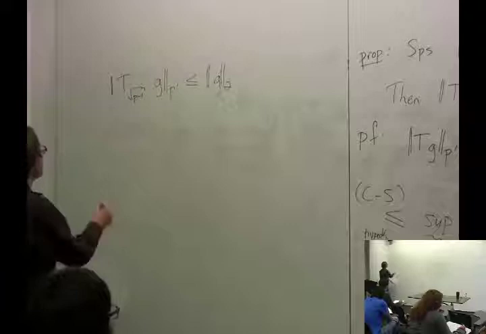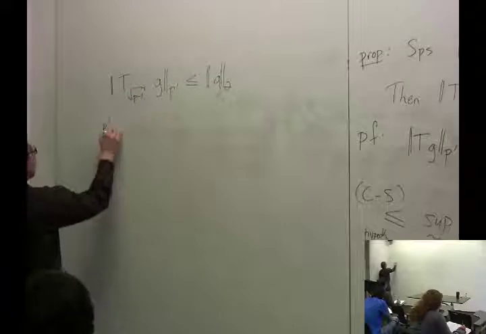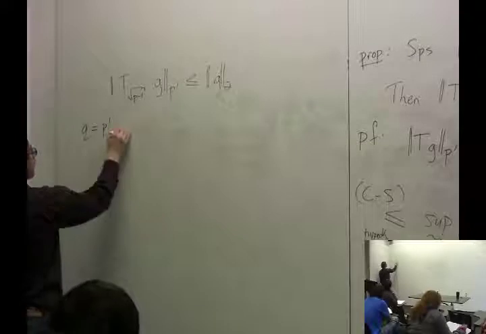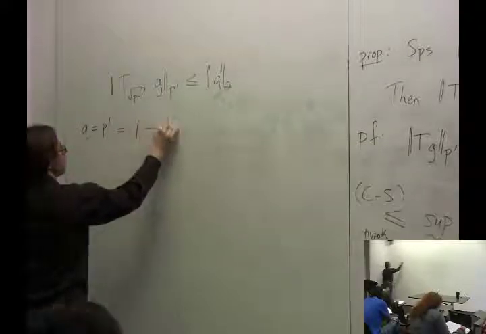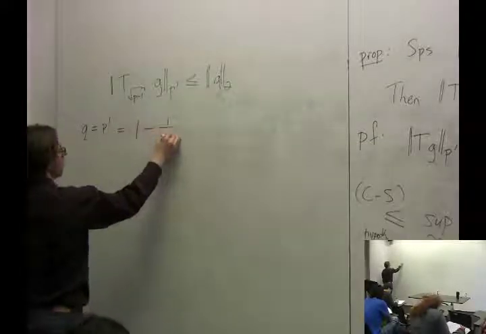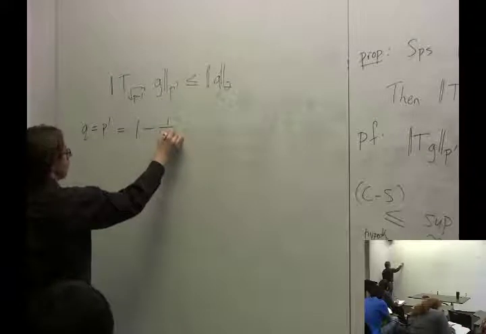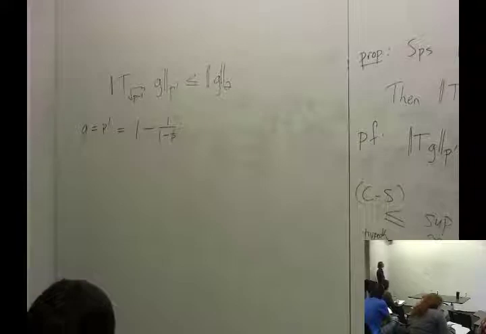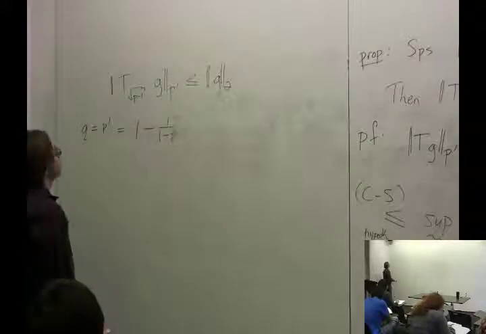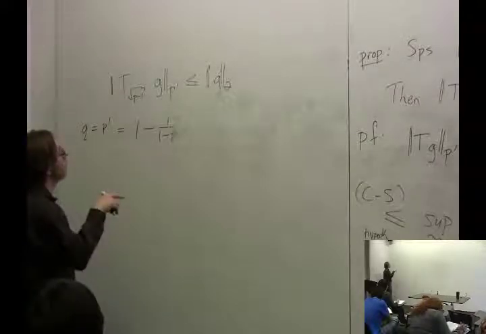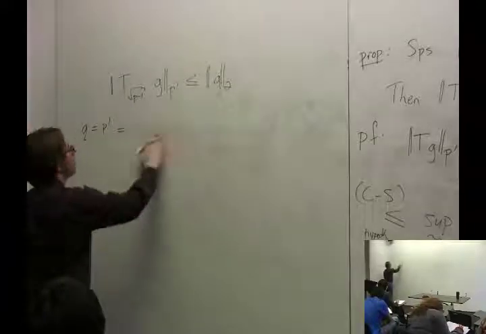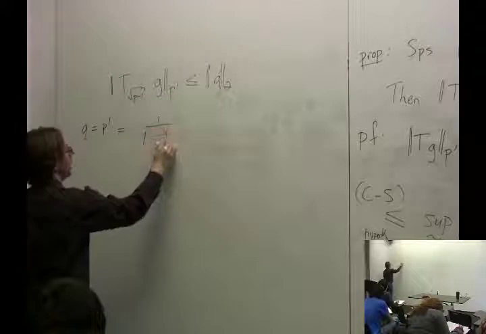And now let's see, if q is going to be P prime, P prime is 1 over 1 minus 1 over p.